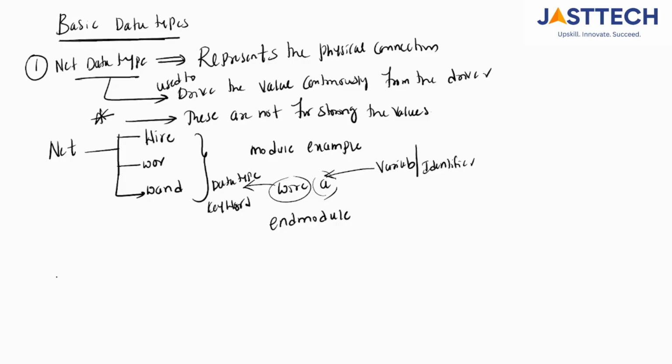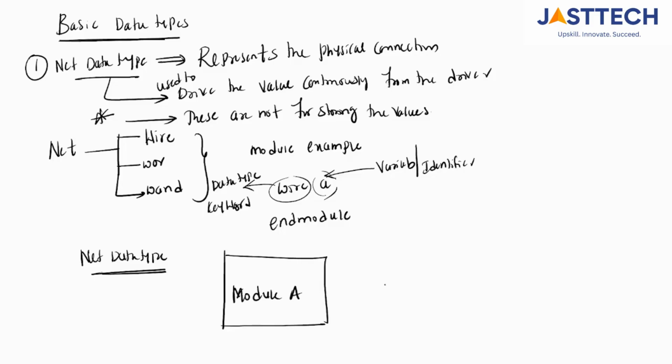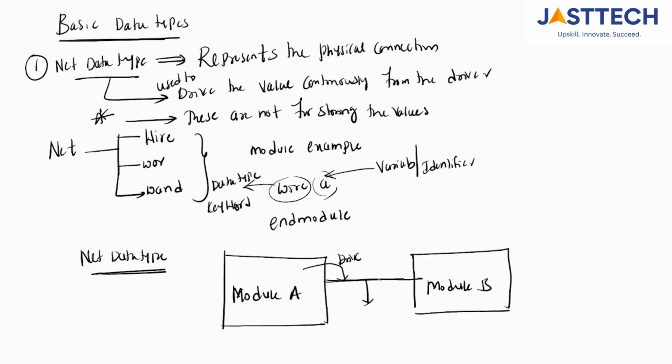Where you are using the net data type: suppose you have module A and module B. If you want to connect module A to module B, we need to drive some value from module A to module B. This will drive some value, and from this line the other module will receive it.